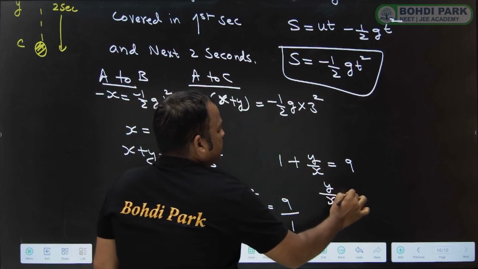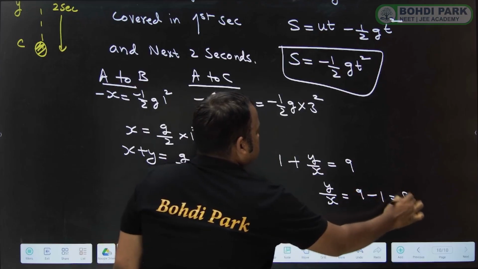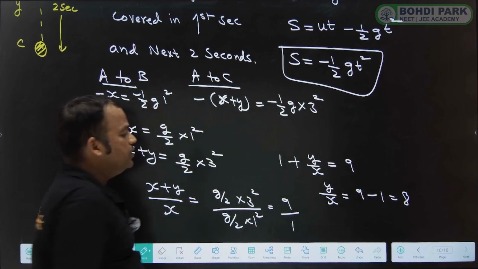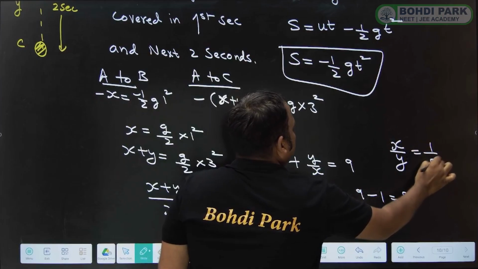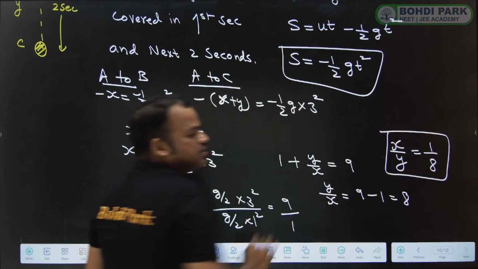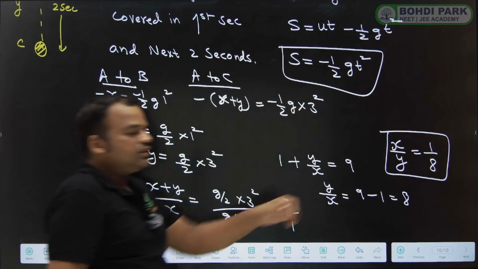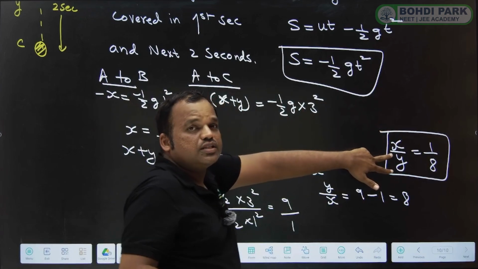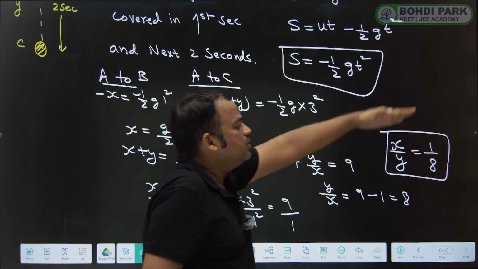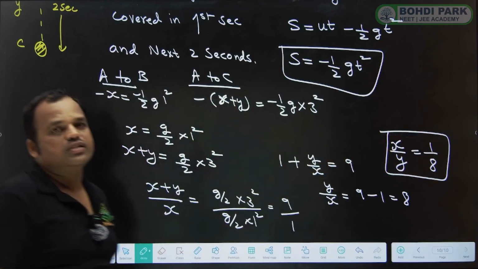So y by x is equal to 9 minus 1, which is 8. So x by y is equal to 1 by 8. This is our answer. The ratio of the distance covered in the first second to the distance covered in the next 2 seconds is 1 by 8, or 1:8.